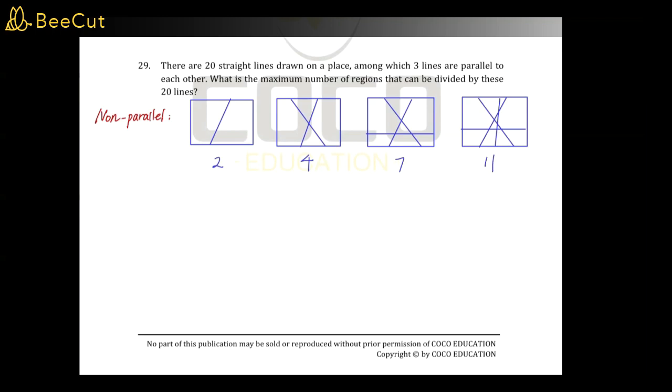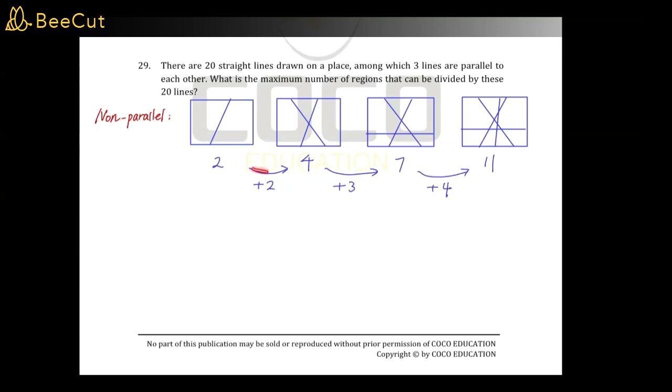Now we can figure out the pattern. This plus 2, plus 3, plus 4. So we can work out the total number. The first figure, you can just treat it as 1 plus 1. This all the way to the last figure.